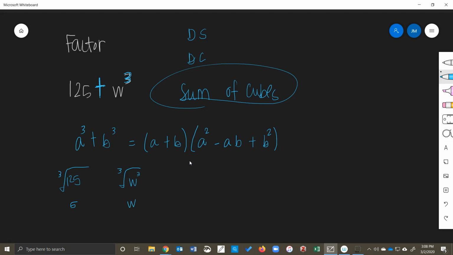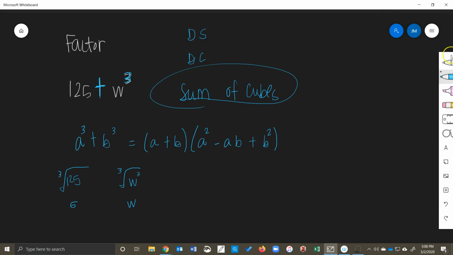And w times w times w is w cubed, so the cube root of w cubed is w. Anyway, so this is our a right here, and this is our b. Okay, and I wrote that a little bit sloppy, but a and b.